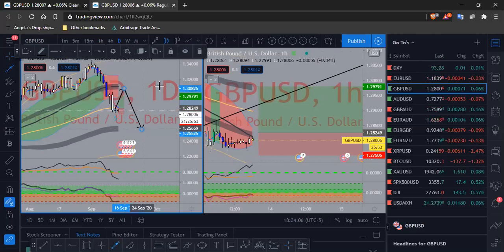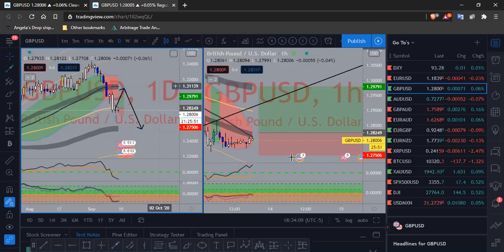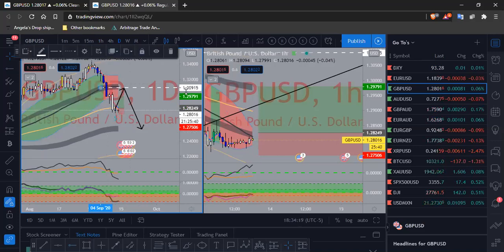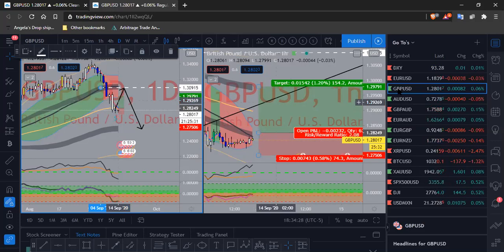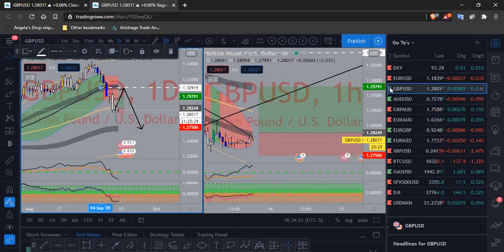Might not get that, and I'll be totally fine if I don't, but that's just something I want to see. The RSI line is at 1.30900, so we'll see how that goes. But once this alert sounds off, then I'll get in. Until then, I'm just watching it.